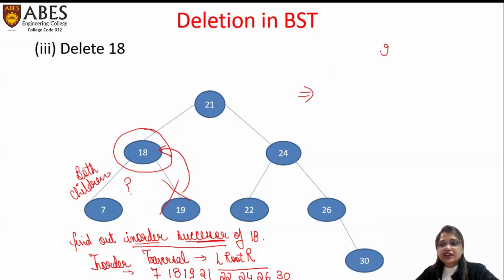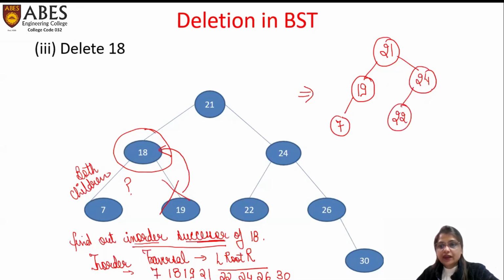So the resultant tree will be 21, then 18 replaced by 19, and then 7, 24, 22, 26 and 30. It means we are directly overwriting the value with this in-order successor here, and then we can remove this connecting edge. This is the concept behind the deletion of a particular node inside a binary search tree.